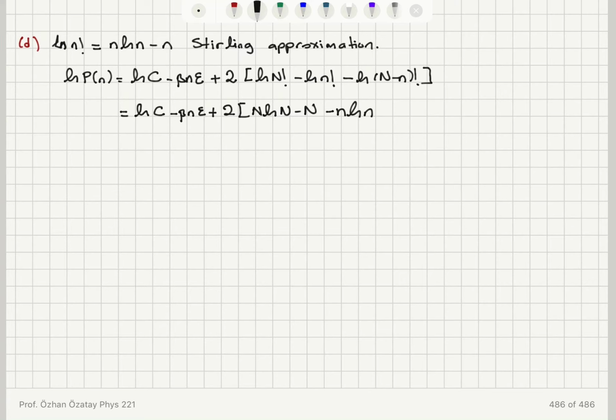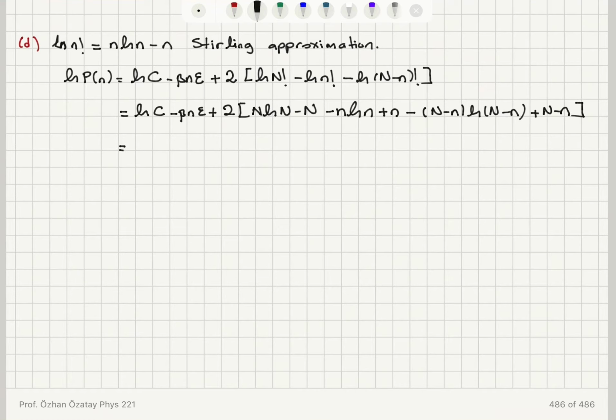The minus will become a plus, so it will be plus n. And then Stirling approximation used for capital N minus n factorial. This will be minus capital N minus n natural logarithm capital N minus n because of the minus sign up front. And the minus sign in the Stirling approximation will become a plus. So I will have plus capital N minus n.